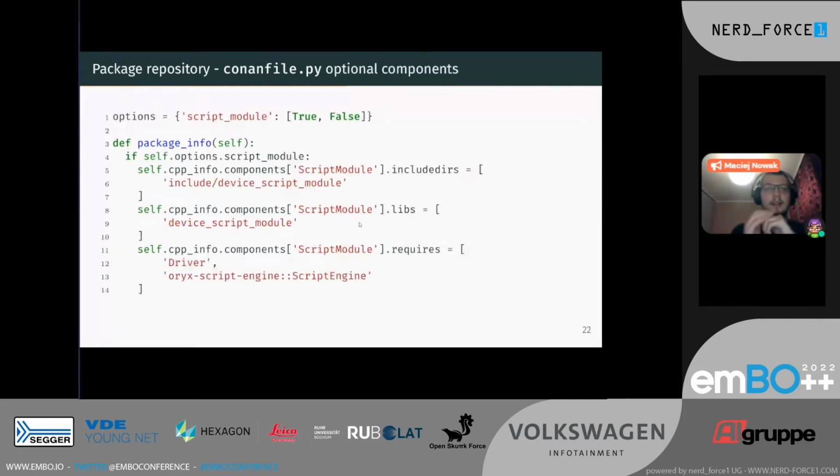If there is an optional component, like the script module I mentioned at the beginning, you can opt in to use a script module by setting an option. And if you enable this option, you will get an additional component with a script module definition and additional include directories.